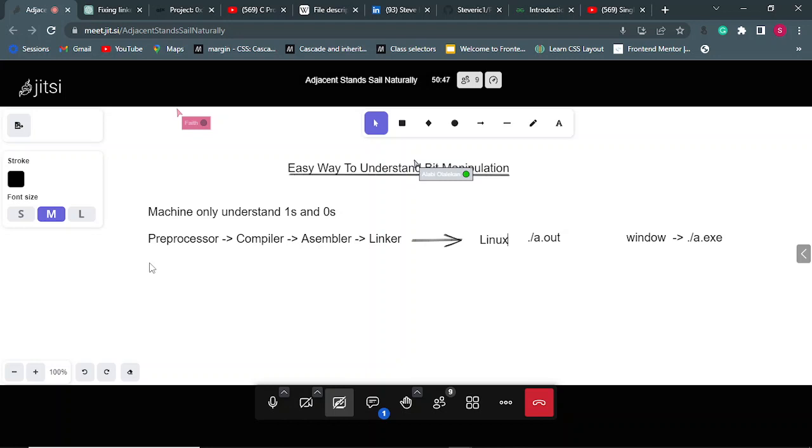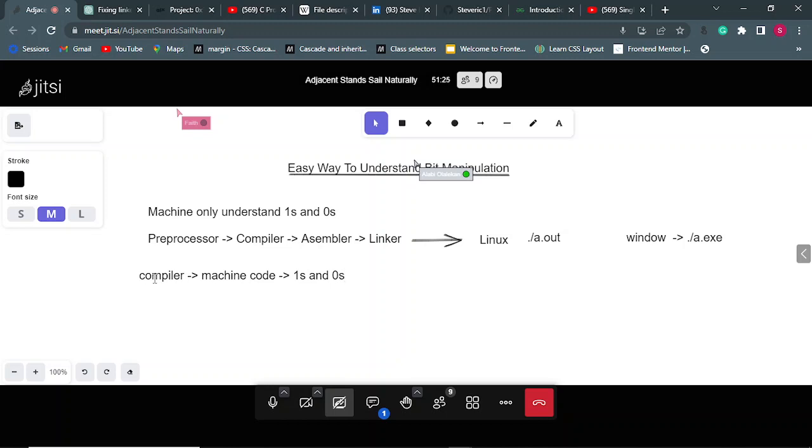If everything is fine, then the compiler will compile them into assembly code, then machine code, and that's my focus today. Machine code, which is our ones and zeros.